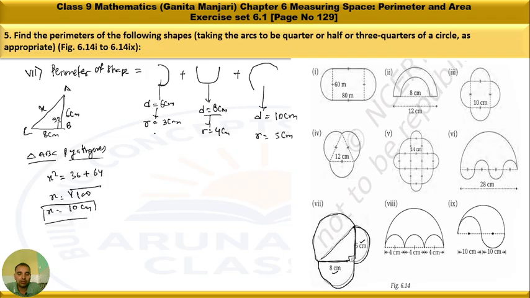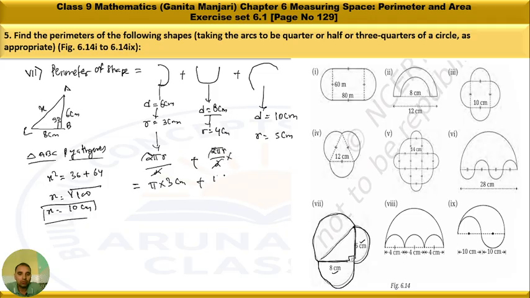Now we need to find out, these are all semicircles. So semicircle length is 2 pi r upon 2. 2 and 2 get cancelled, it is pi r. So pi multiplied with r is 3 centimeter, plus here also 2 pi r upon 2. So 2 and 2 get cancelled.